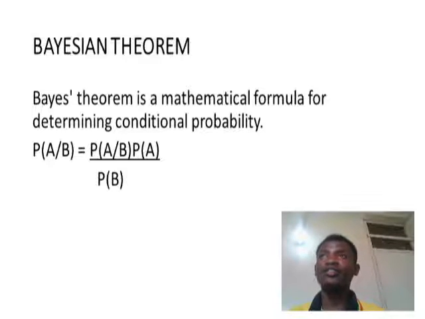For example, given probability B, to find the probability of A, we take the conditional probability of B given A times P(A) over P(B).